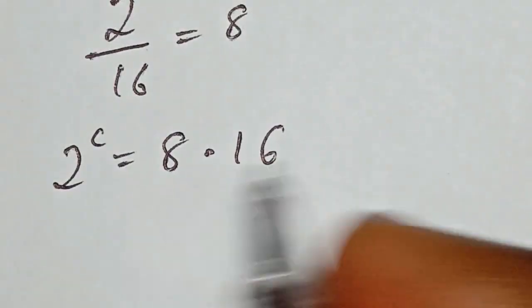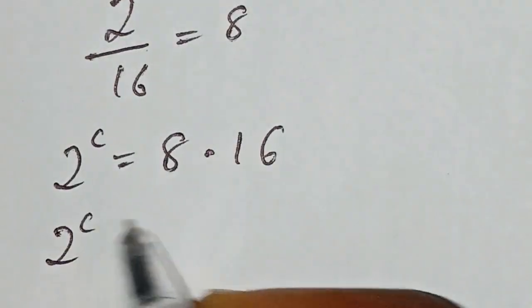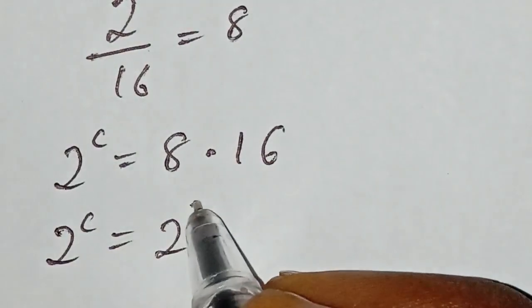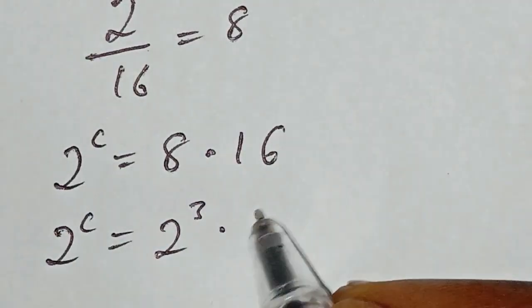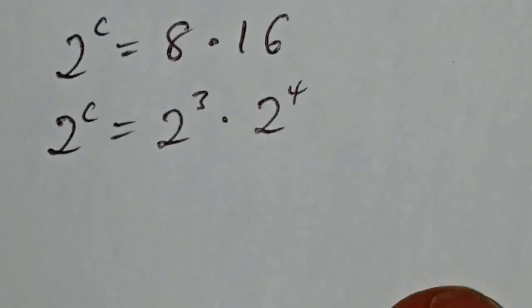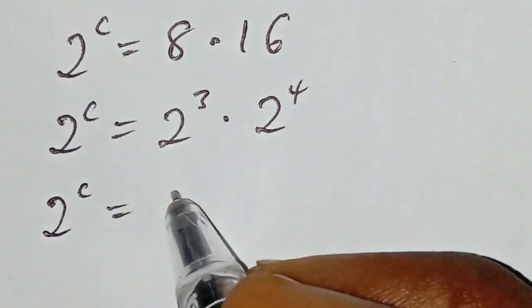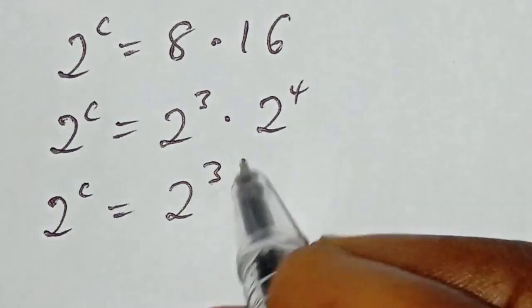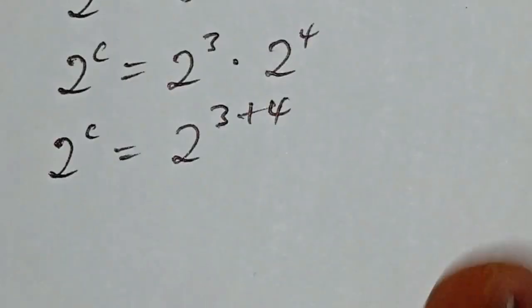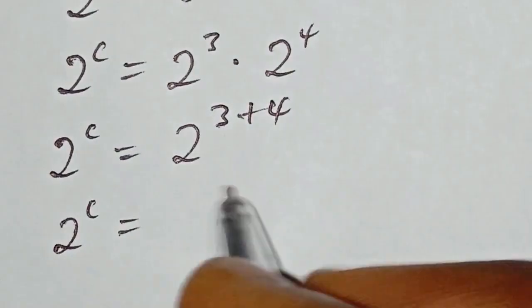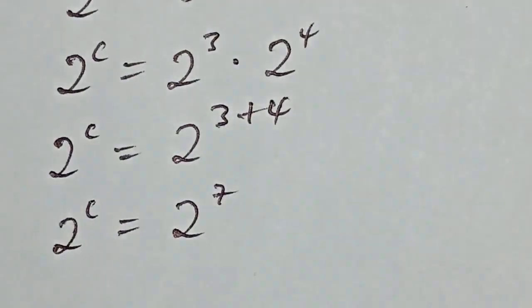And we can simplify the right hand side as 2 to the power of c equal to 2 to the power of 3 multiplied by 2 to the power of 4. So we can rewrite this as 2 to the power of c equal to 2 to the power of 3 plus 4. And this gives us 2 to the power of c equal to 2 to the power of 7.